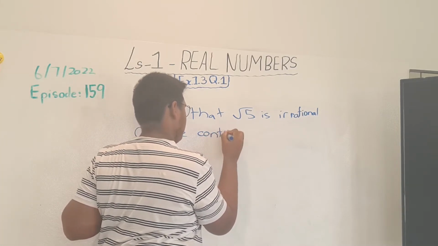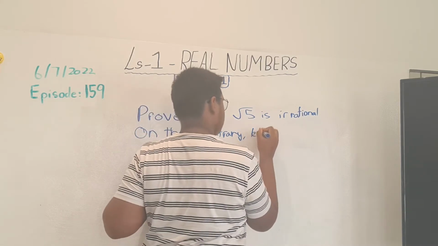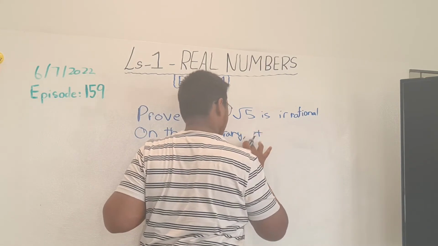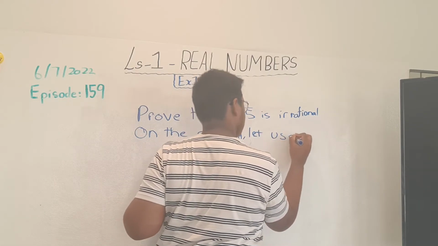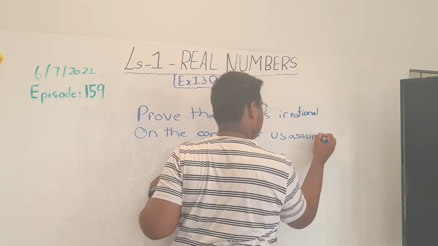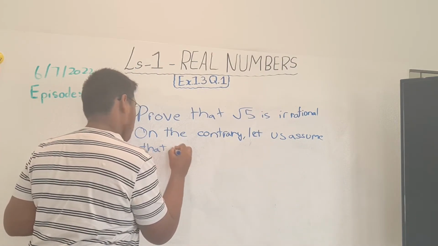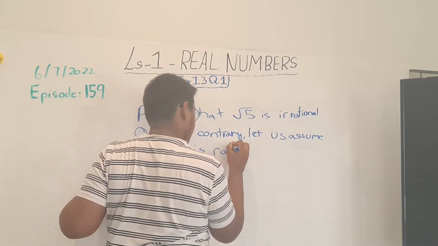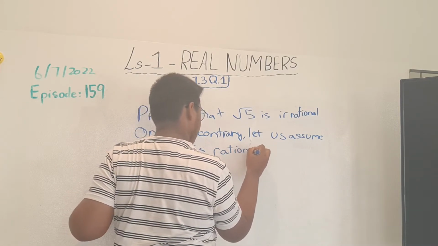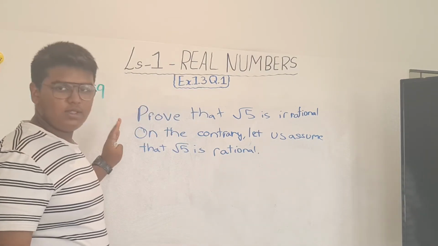On the contrary, let us assume that root 5 is rational. So this is our first step.